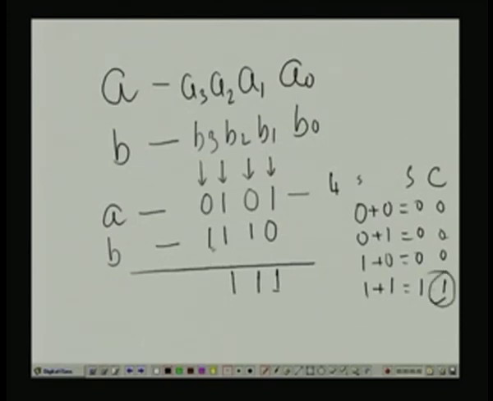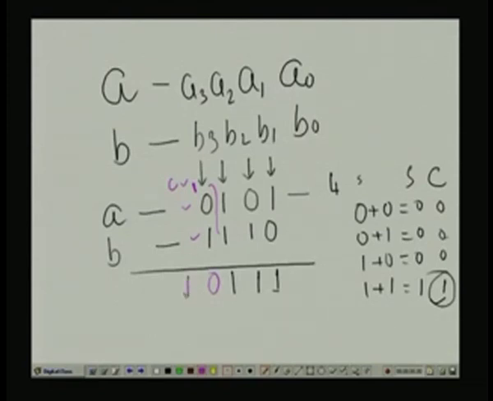So, this carry will go here. When I will be adding now, actually there are 3 inputs: this is my B value, A value, and this is my carry value. So, instead of 2 inputs, there are 3 inputs. So, this is again 1 plus 0, 1, and 1 plus 1 is 0, again carry 1.